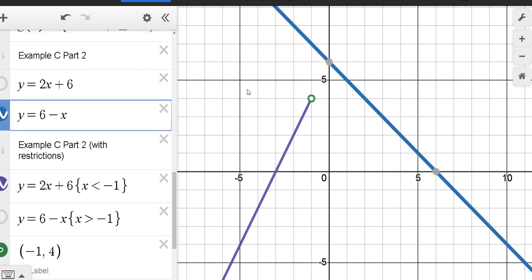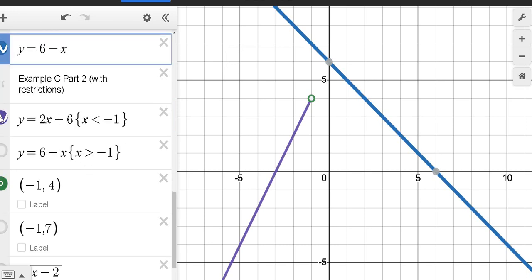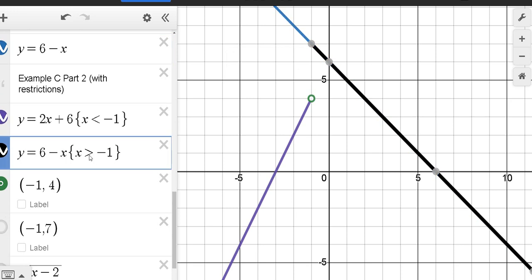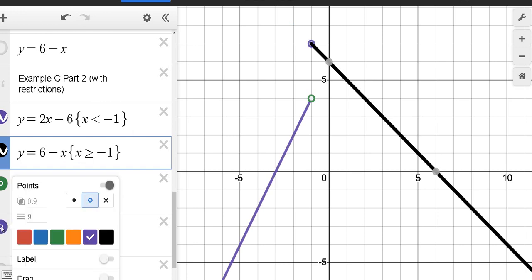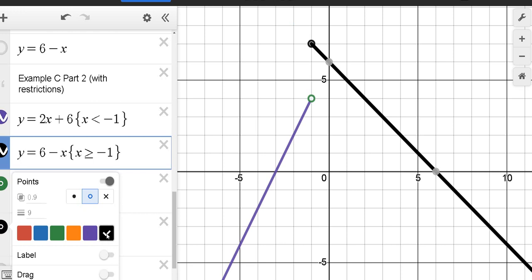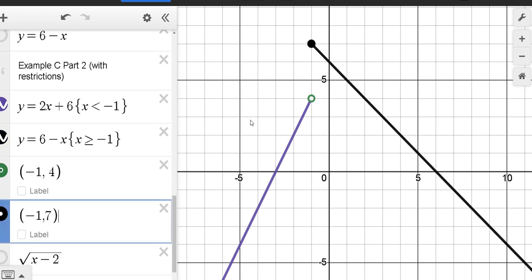I just want everything to the right of it. So I want this for the values of x greater than or equal to 1. So let's get rid of this. So now I've only got this part of the graph. And this time I'm going to include the endpoint. So I'll make that a solid dot. And there's my graph. So it works out pretty nice.